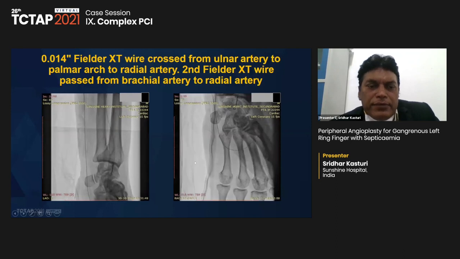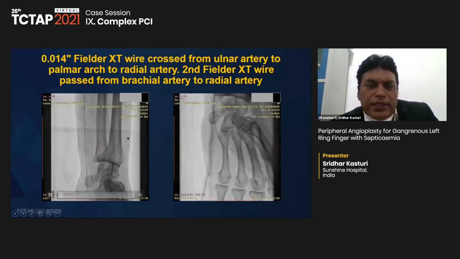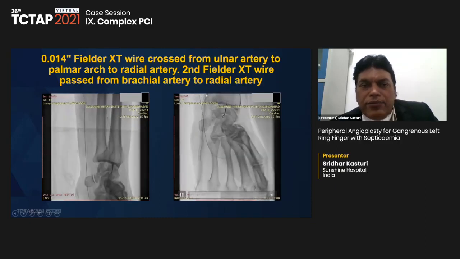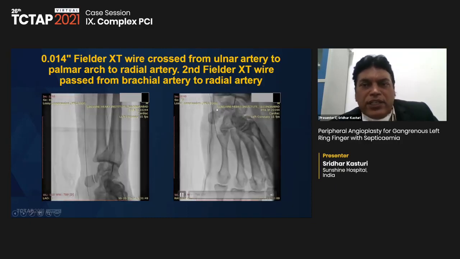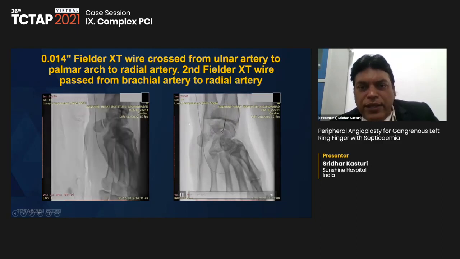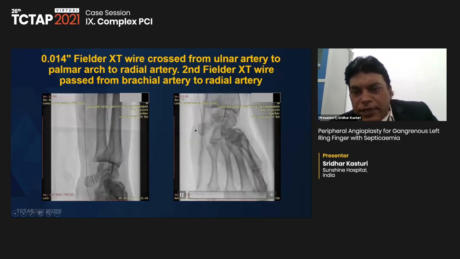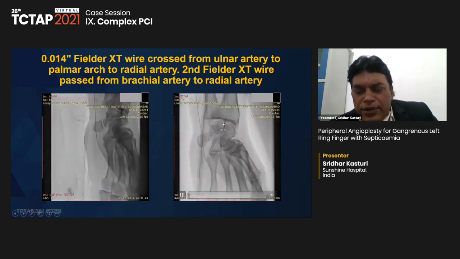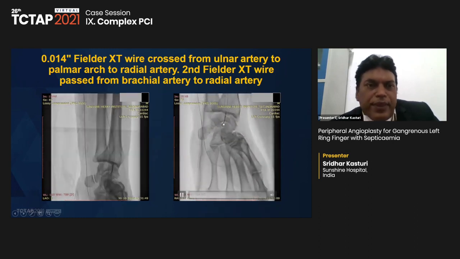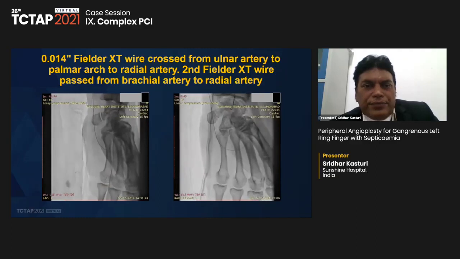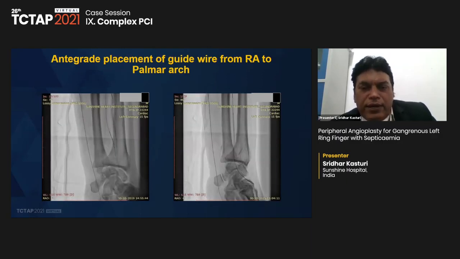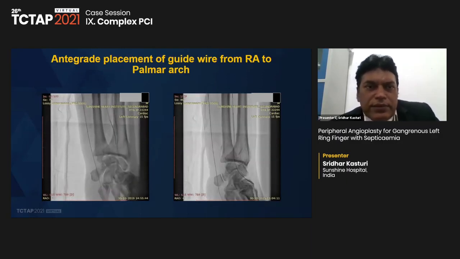Then again the distal arteries and palmar arch are open. Antegradely, we again entered the radial artery using the Fielder XT. So one wire is in the radial artery, and one wire from the ulnar artery through the palmar arch enters the radial artery. Then again slow flow was noticed, so we gave intra-arterial Nicorandil and nitroglycerin injections.